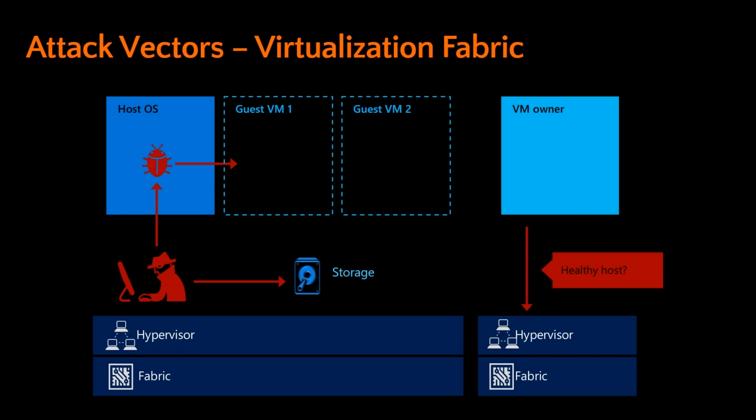The last attack I would like to talk about is an attack on virtualization fabric. I would like to talk about it because a lot of people are running domain controllers on virtualization platforms and they don't realize what can happen. There are potentially two actors that have access to all your secrets in Active Directory.